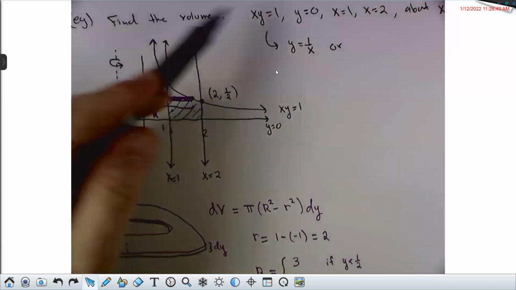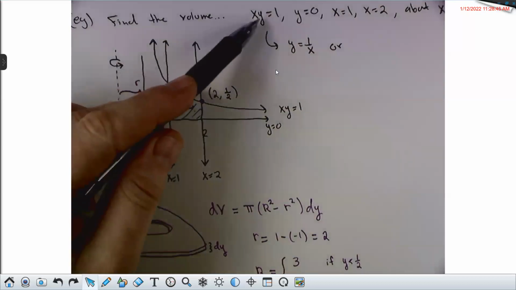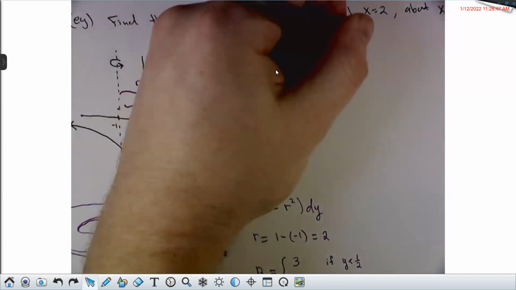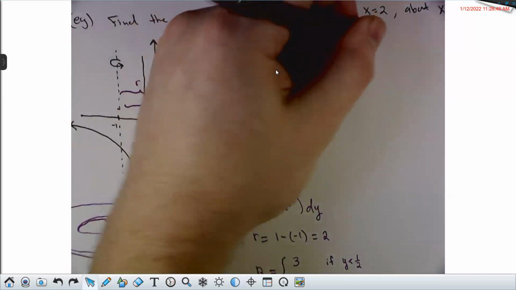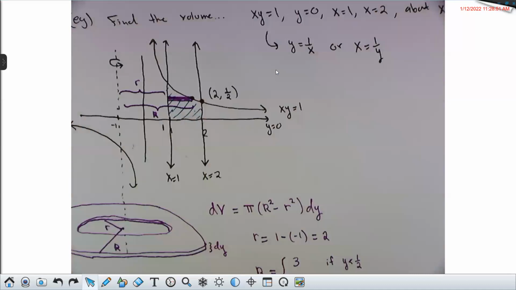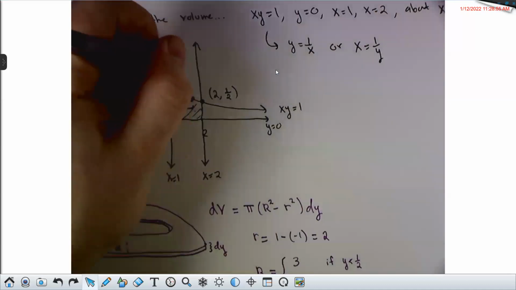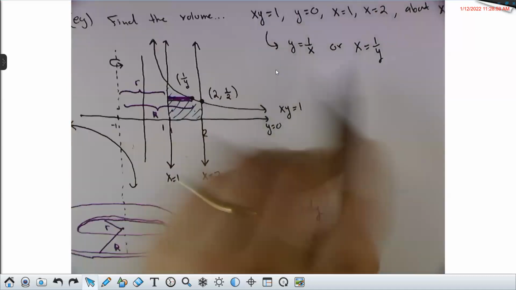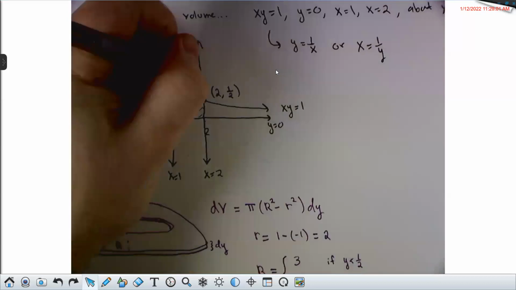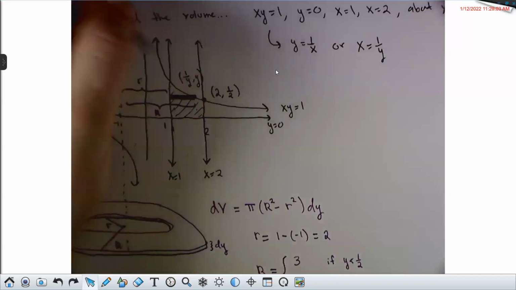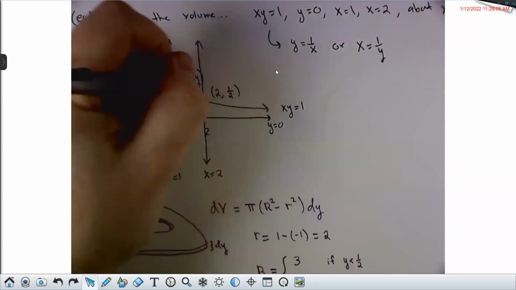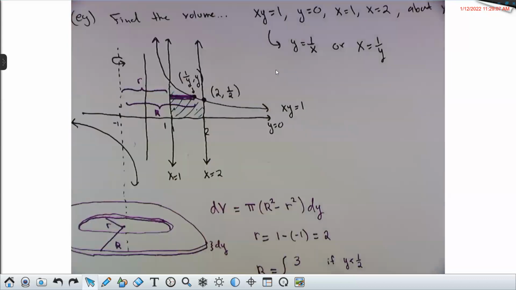I could also solve this for x by dividing both sides by y, and I would get x is equal to 1 over y. So this point on the curve, I can think of as (1 over y, y), where 1 over y is the x value. That's this point where the strip touches that curve.